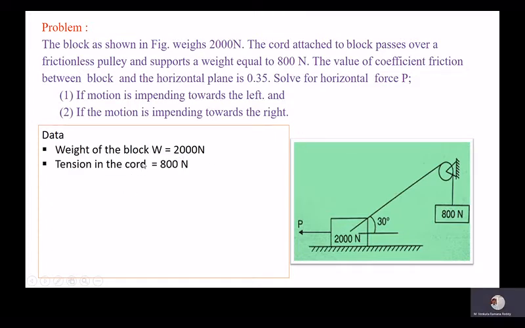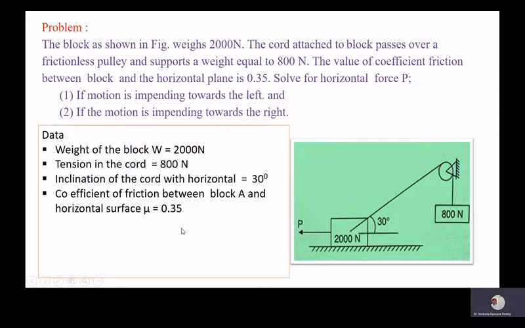Weight of the block is 2000 newtons. Tension in the cord is 800 newtons. Inclination of the cord is 30 degrees.